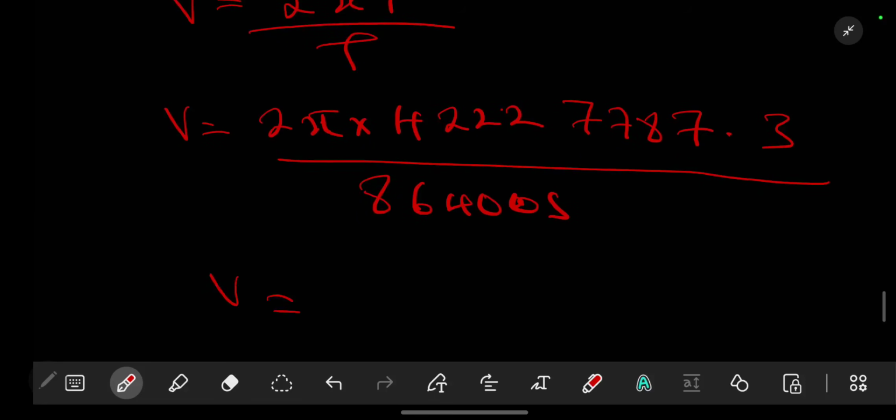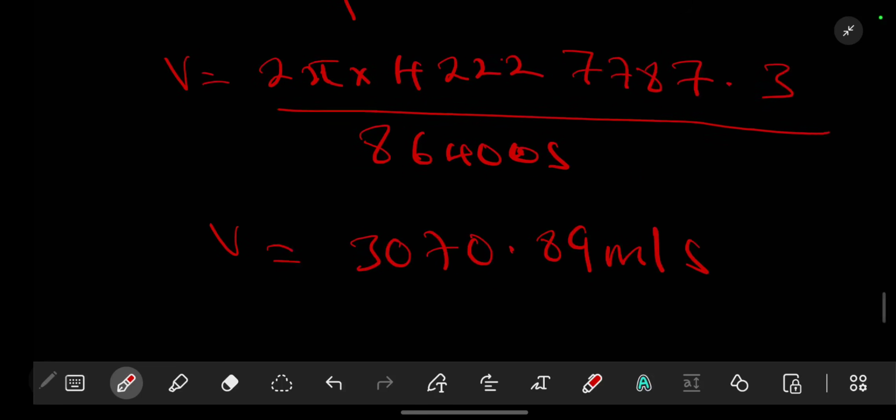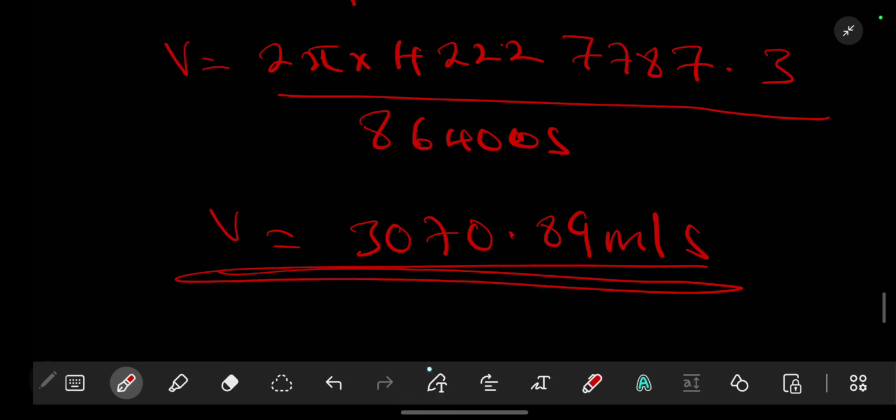So this gives us open brackets 2 pi times 4,222,787.3 close brackets, divided by 86,400. This gives us 3070.89 meters per second. So this is the orbital speed, like that.